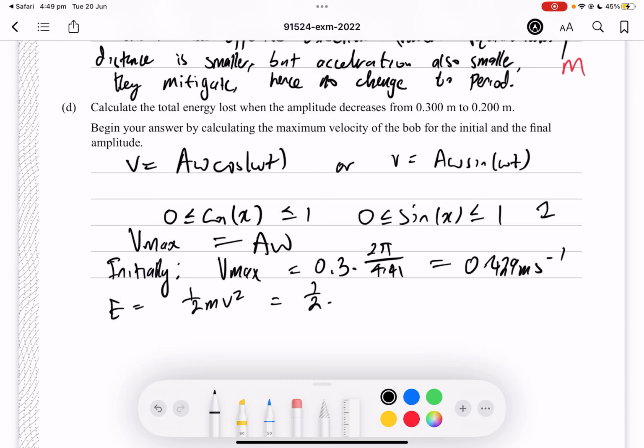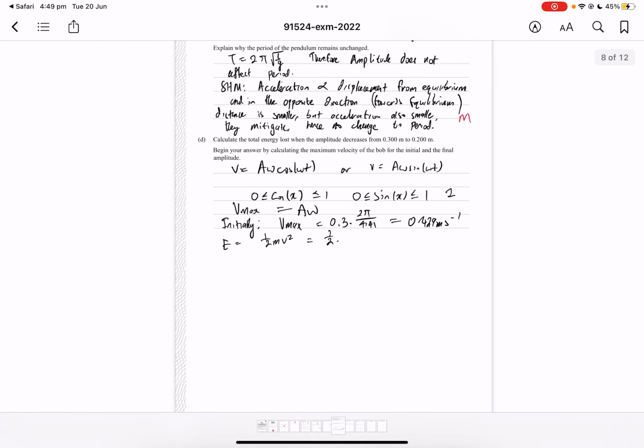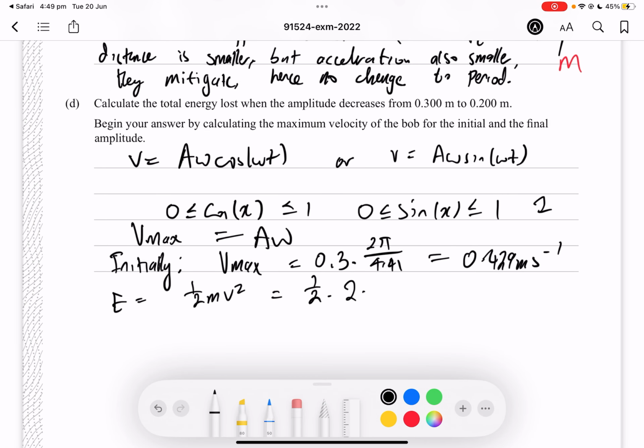It's equal to half times the mass, which is 2.3 kilograms, so half times 2.3 times 0.429 squared, which is equal to 0.212 joules.